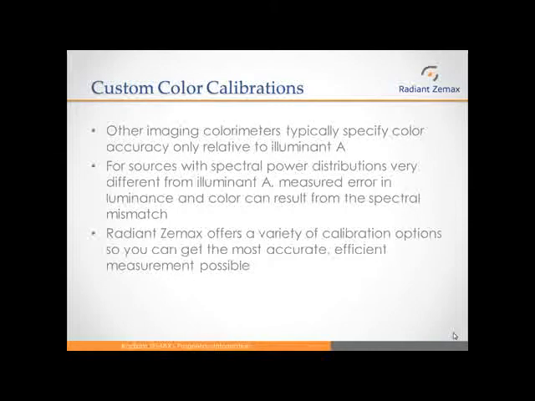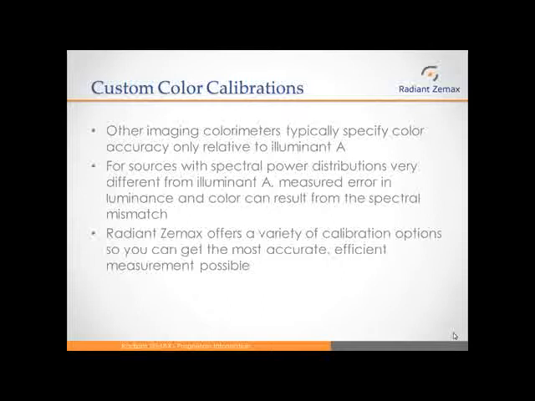So again, for perspective, many other imaging colorimeters only provide one calibration. It's relative to illuminant A. And what that means is if the input spectrum of your device is very different from illuminant A, there can be error in measured color and luminance because of the spectral mismatch.